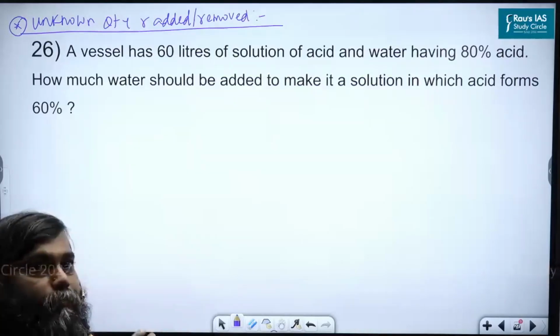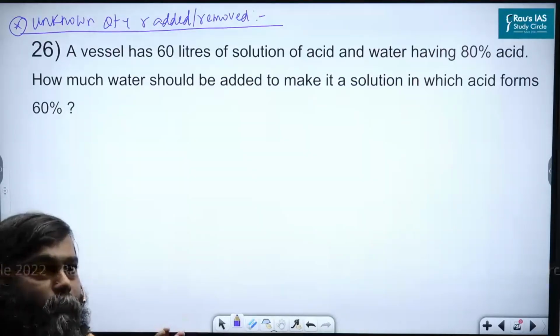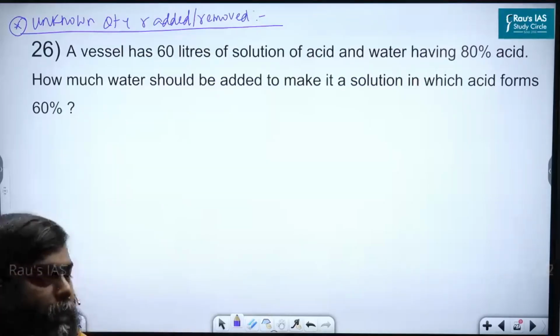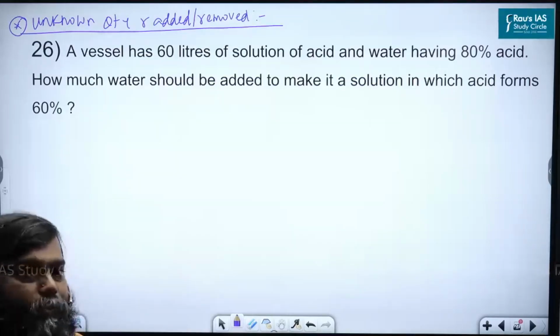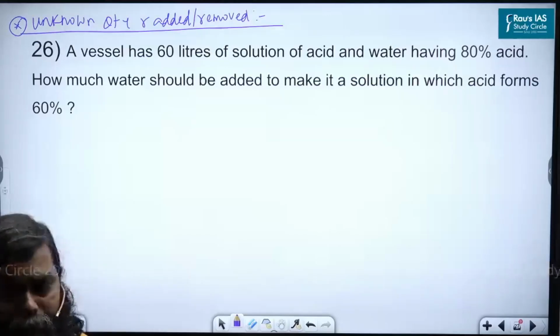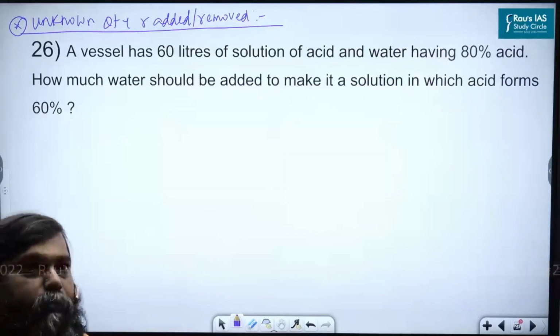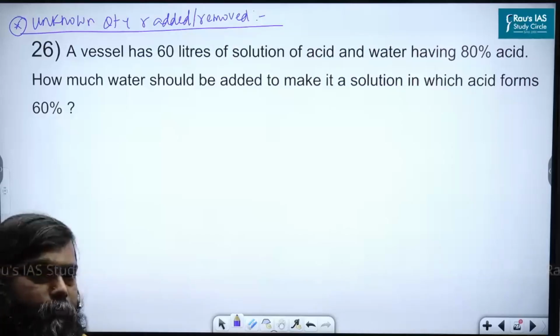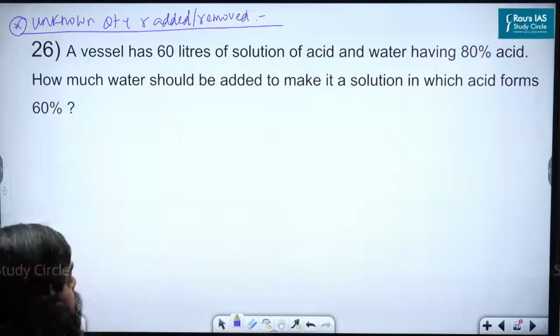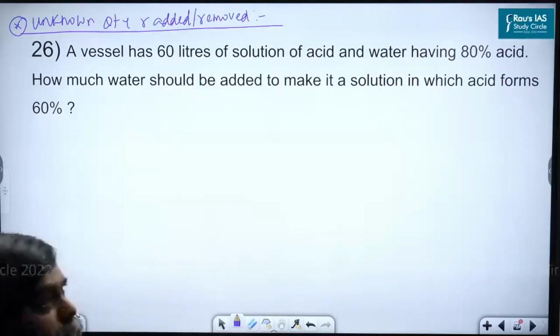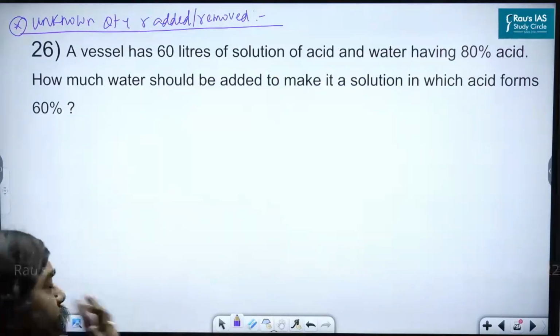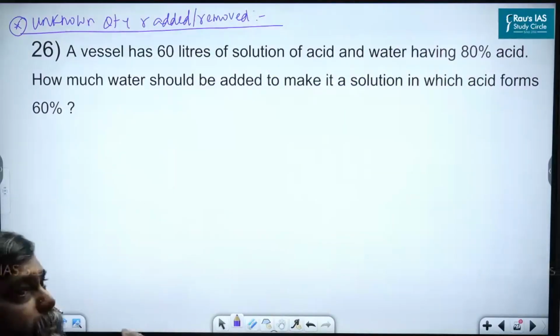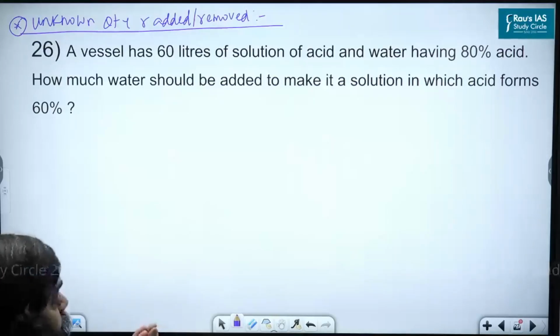After you read the question, if anybody is saying, sir, I do not understand the question, then tell me, I will explain the question. Sir, 12 liter. 12 liter water should be added.